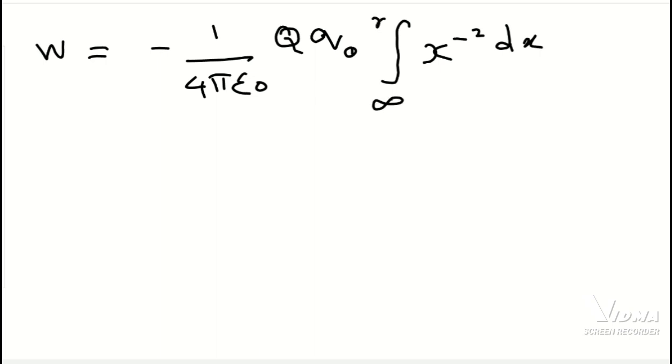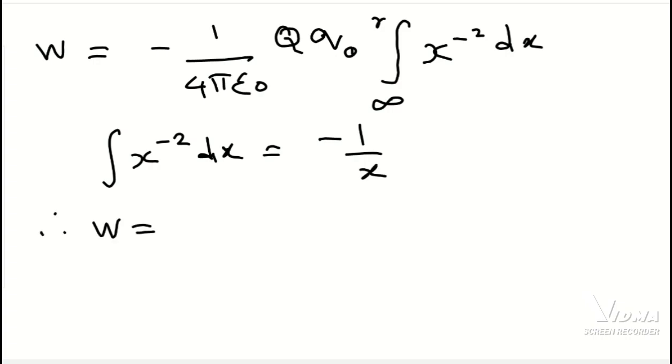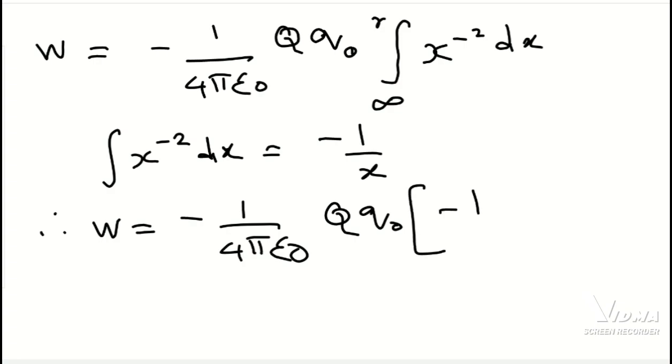So we know that integral of x power minus 2 dx is equal to minus 1 by x. Now therefore, W is equal to minus 1 by 4 pi epsilon naught capital Q into small q naught into minus 1 by x, and the limits are again from infinity to r.